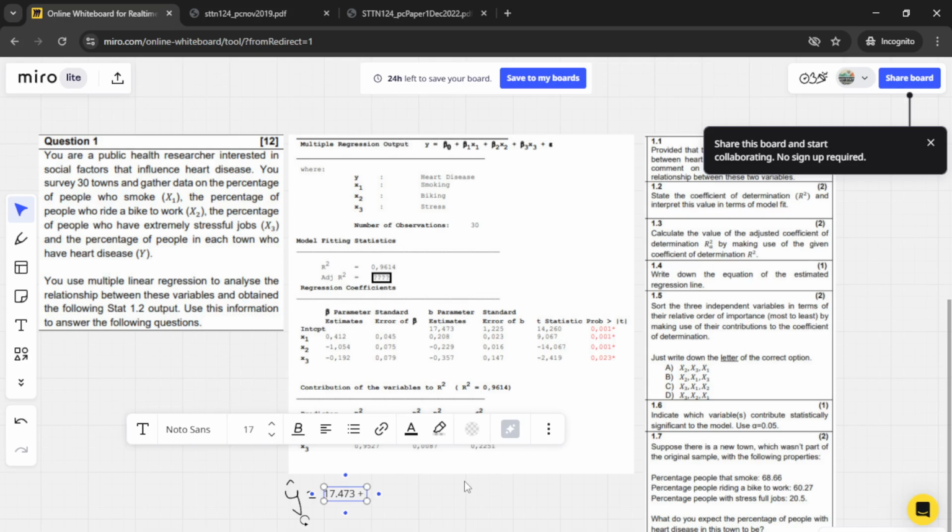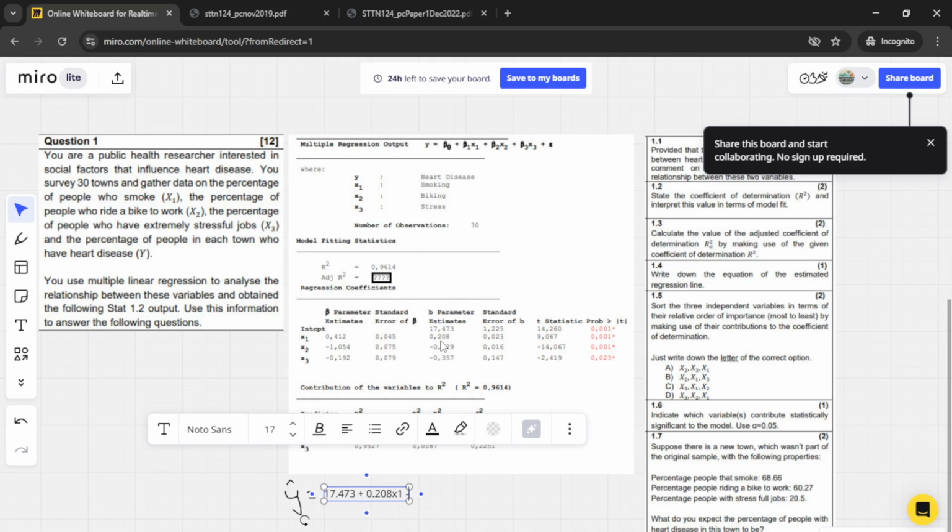plus what? The b1 over there is the coefficient of x1, which is equal to 0.208. 0.208. Don't forget to write x1. Ne? Do not forget your x all the time. Right, and then we're going to say minus. Why minus?